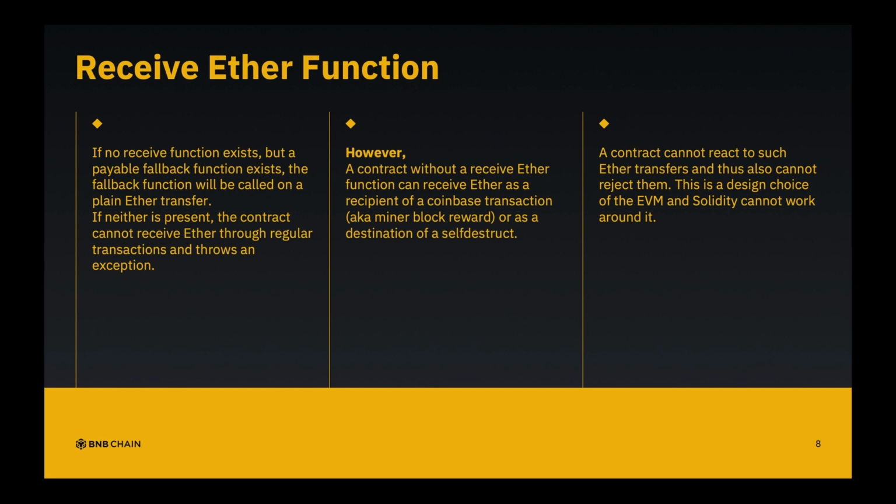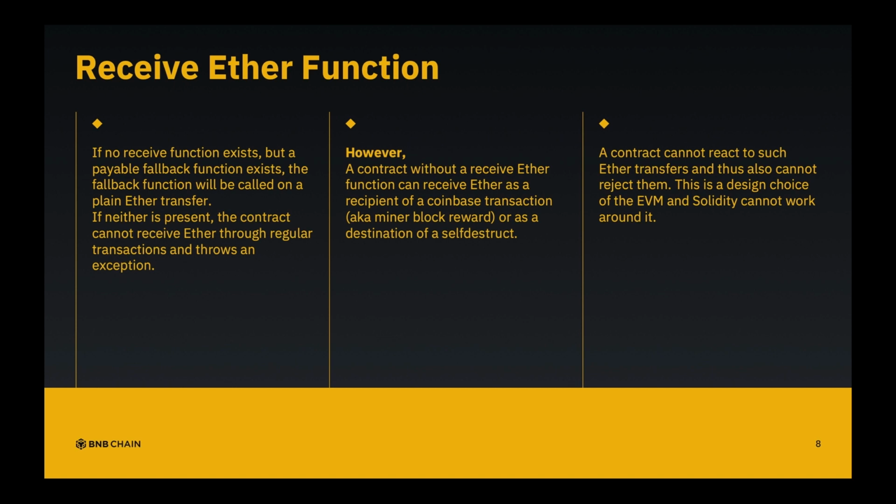However, a contract without a receive ether function or a payable fallback function can still receive ether as the recipient of a coinbase transaction, so a miner block reward, or as the destination of a selfdestruct. So you need to pay attention to this. If this happens, a contract cannot react to such an ether transfer and thus cannot reject it.